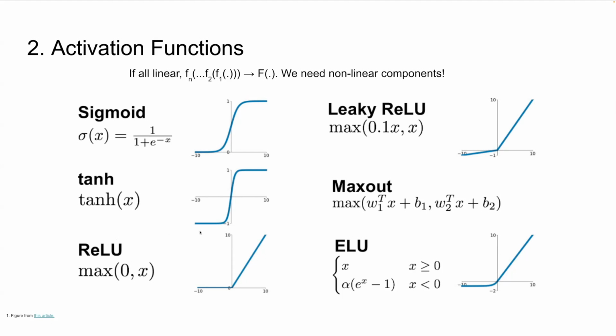And one of the most popular activation functions is this ReLU function at the bottom left. If you look at this figure, what it does is that it will cast all the negative parts to 0 and all the positive parts to be the identity function. So it keeps the positive parts the same as before.